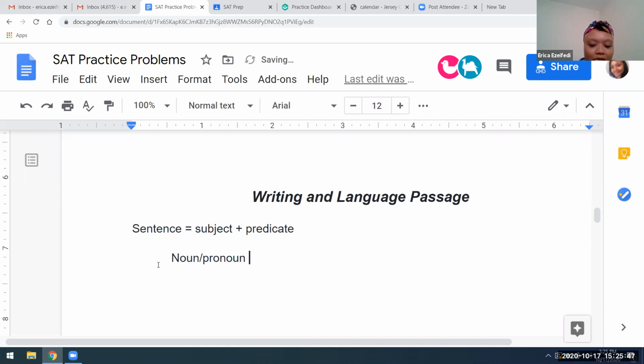Nouns and pronouns are just things, let's say things that the sentence is about. Plus the predicate. The predicate is the verb. It includes the verb phrase. Verbs, of course, are actions. So it's going to have the verb, and it's basically what the subject is doing.